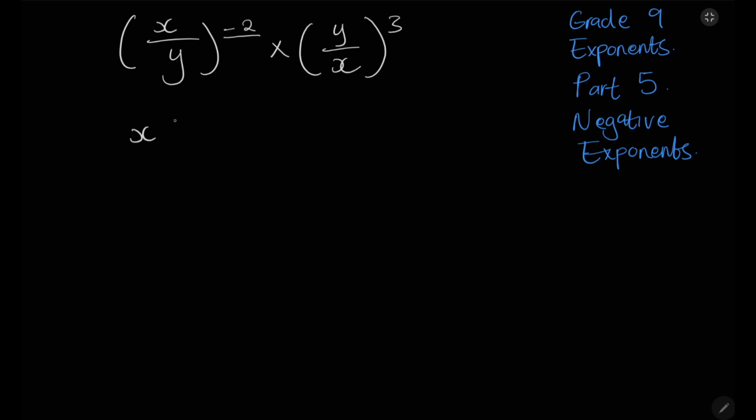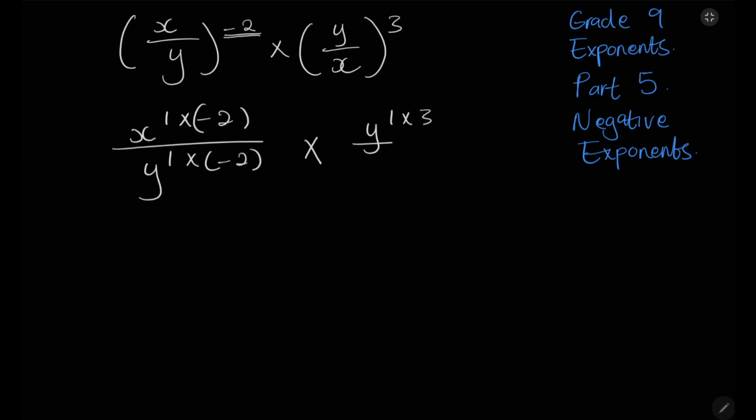We have x, which is basically x to the power 1 times negative 2, in a bracket, over y to the power 1 times negative 2. In the next bracket, we also have y to the power 1 times 3 over x to the power 1 times 3.